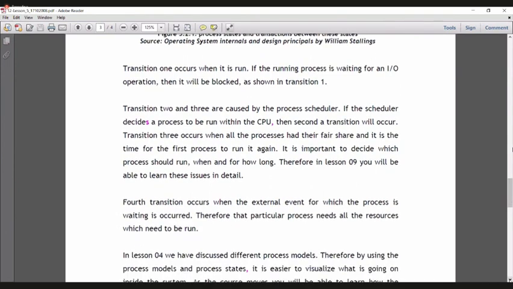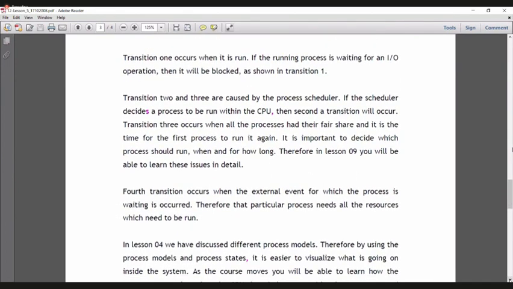If the user entered, for example, his username and password, now the next step is you have to check whether it is correct. For the checking part you need CPU power for matching. So you can move back to ready state until you get the chance of processing, right?